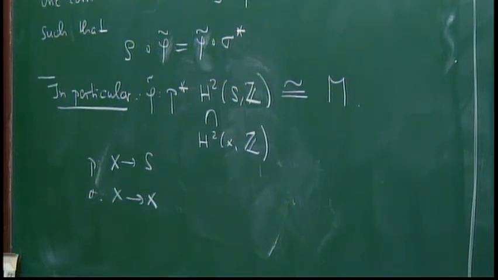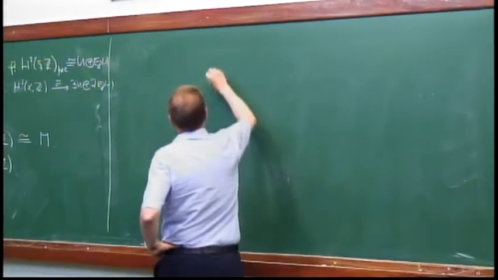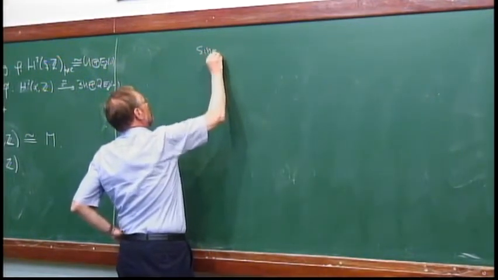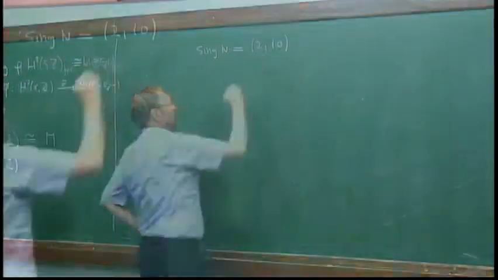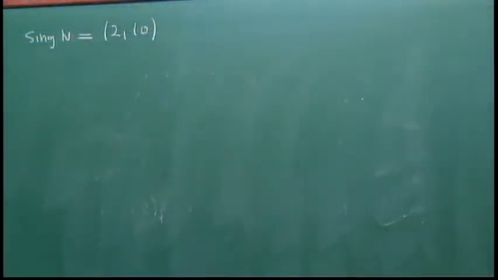Okay, so let me look at this lattice N. The signature of N is 2 positive and 10 negative eigenvalues. And then we can associate to it a homogeneous domain.